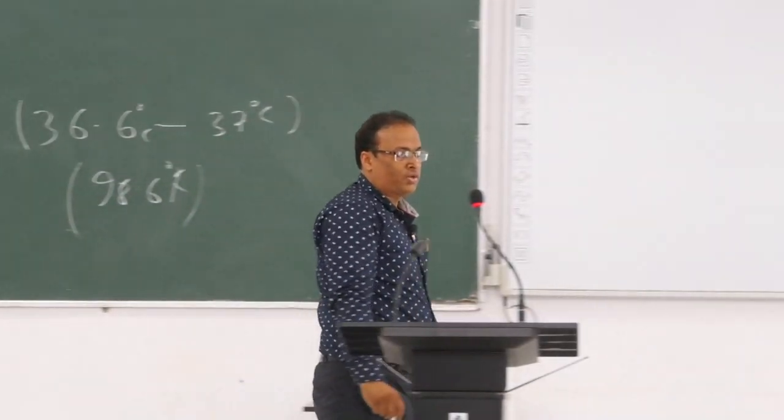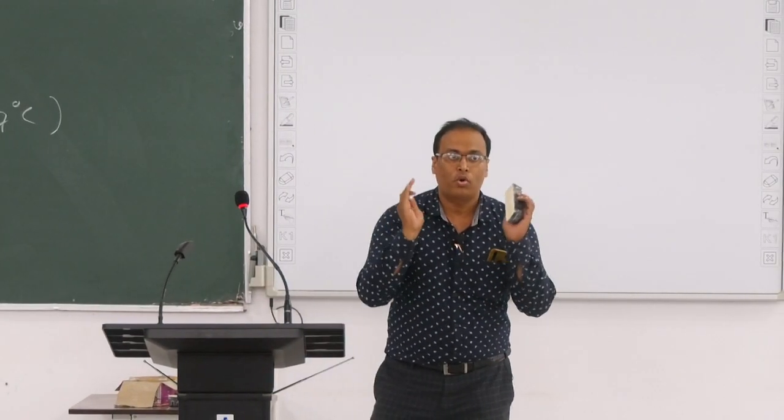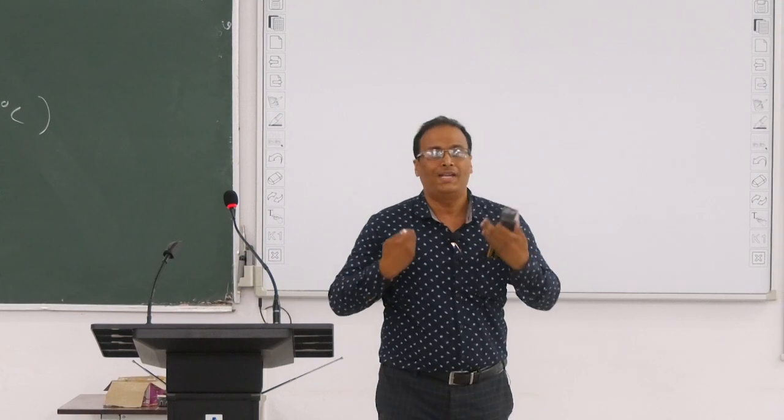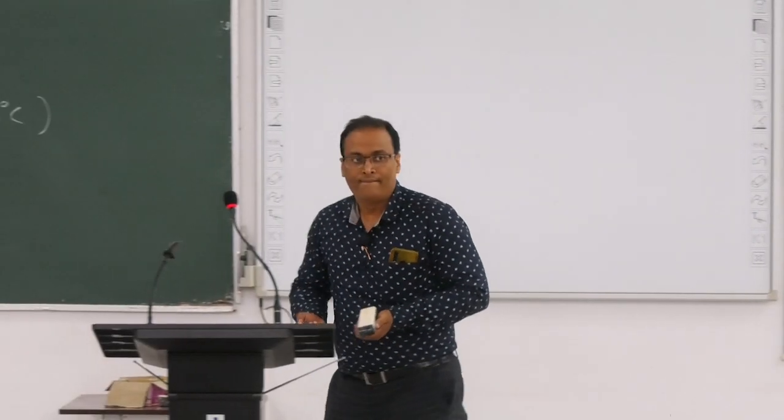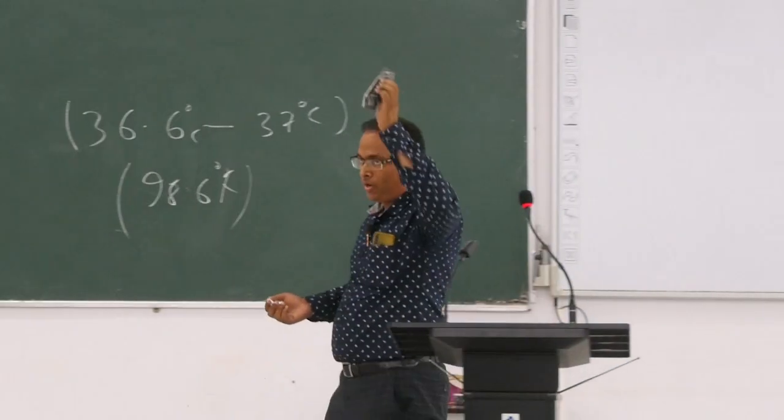Why is core temperature important? Core temperature means key internal organs, like the heart, brain and kidney, are kept at a constant temperature. Why is that needed? Metabolism, enzymes. These terms are very important.